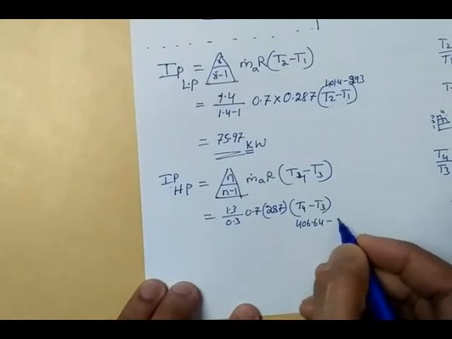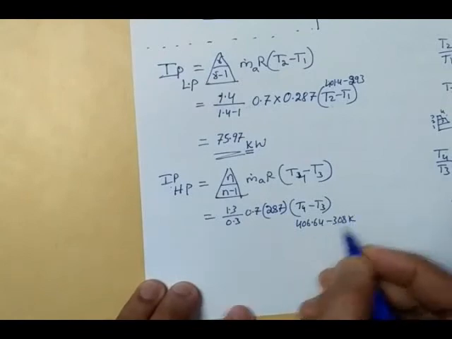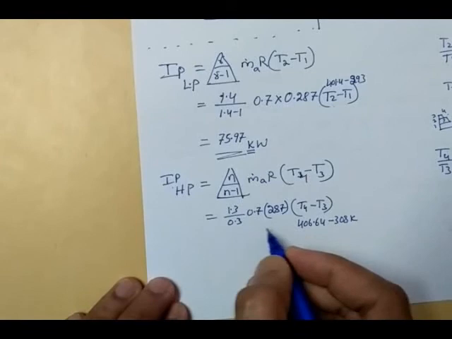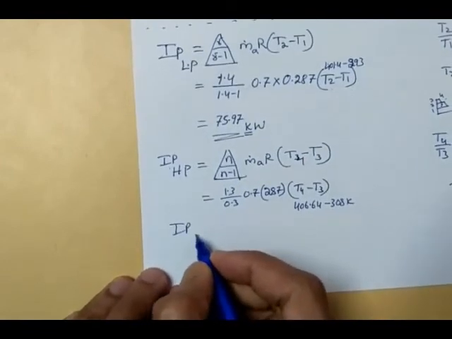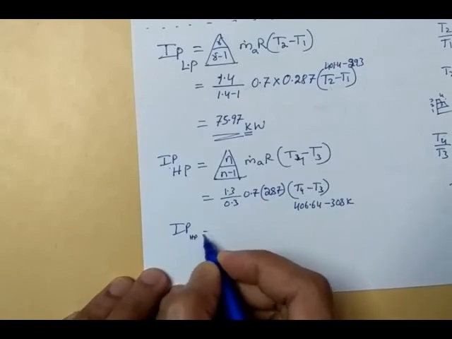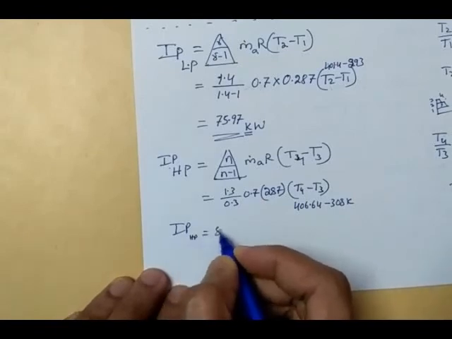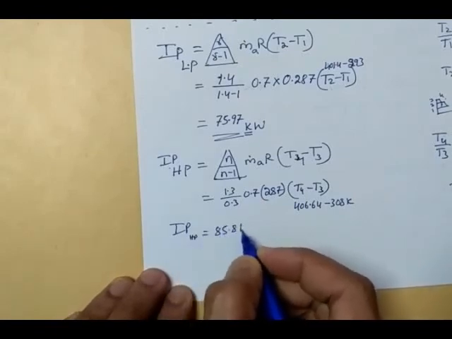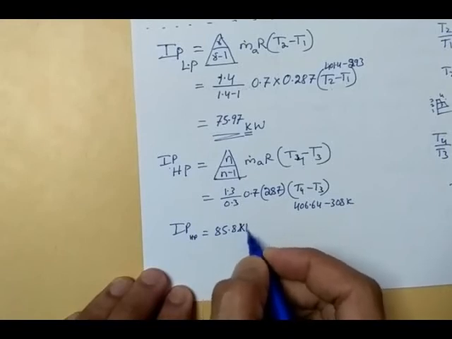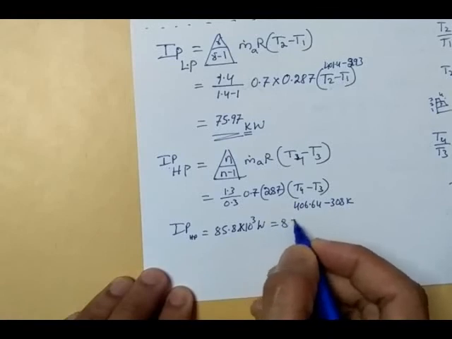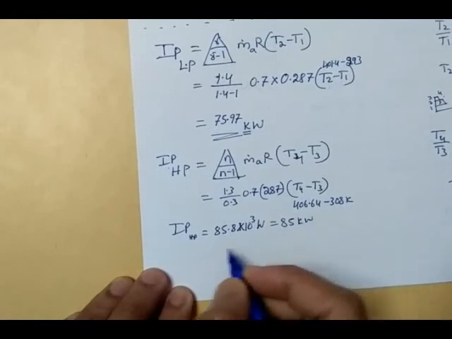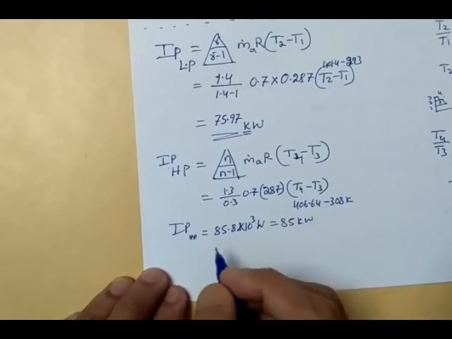If I substitute 406.64 minus 308 Kelvin, then I will get indicated power of high pressure compressor as 85.8 into 10 power 3 watt, that is nearly 85 kilowatt.